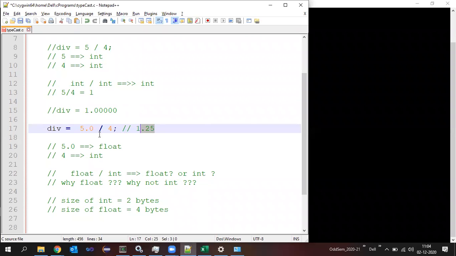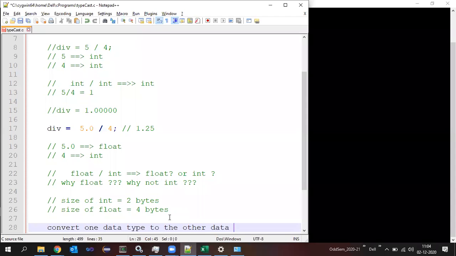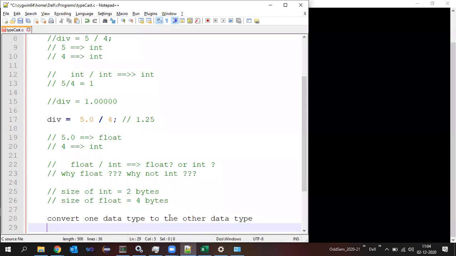So we are trying to convert one data type to another data type. This concept is called typecasting.